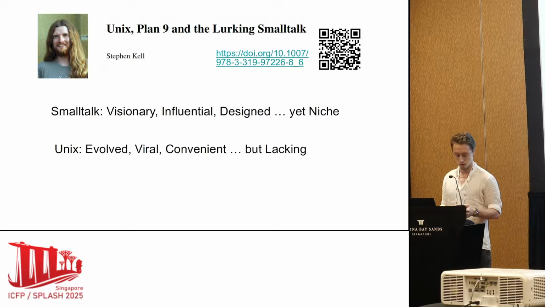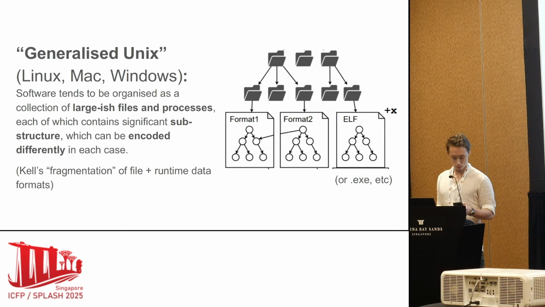And it's important to recognize that even on Windows, programming still occurs in terms of files and processes, which is an approach that's far more similar to Unix than it is to Smalltalk's fine-grained objects and messages. And later in the talk I will go into more detail on this difference, but the thrust of the point might be captured if we define a generalized Unix as follows.